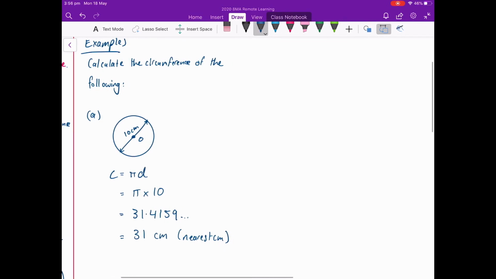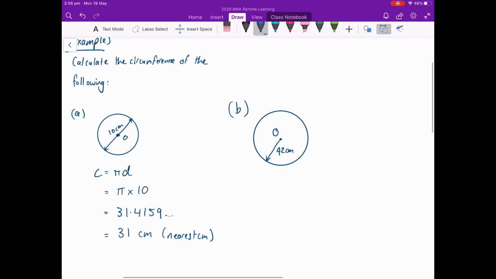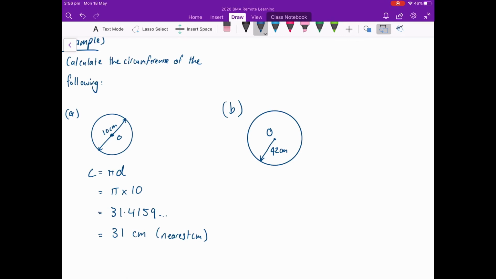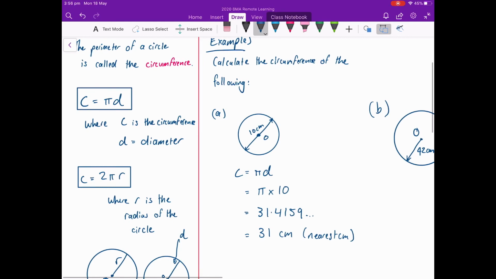All right. Now let's do another one. If I had a circle here where O is the center, and they gave me a radius of, say, 42 centimeters. Here I've noticed that they've only given me a radius, so I'm going to do the second formula here.